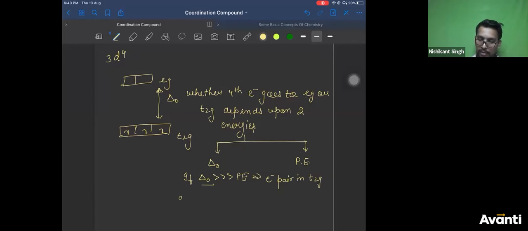And if delta O is very, very small compared to pairing energy, then the electron will go to EG. Right? So keep these things in your mind. I'll share it. Chetna, don't worry, I'll share it. Please keep this in mind. Is that clear, everyone?